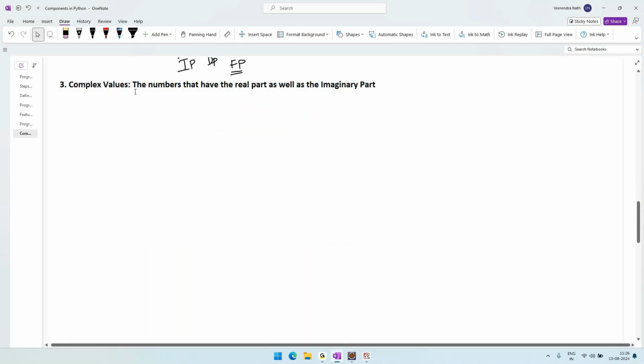Whenever we talk about complex values, they will have the real part as well as the imaginary part.